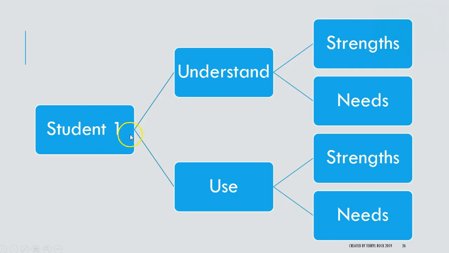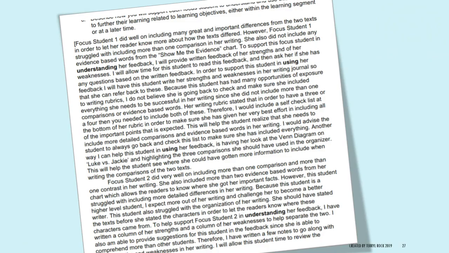Then for student 1, how they're going to use their strengths and their needs. So helping them understand their strengths and then their needs, and then how they might possibly use their strengths to overcome their needs might be a really good approach.